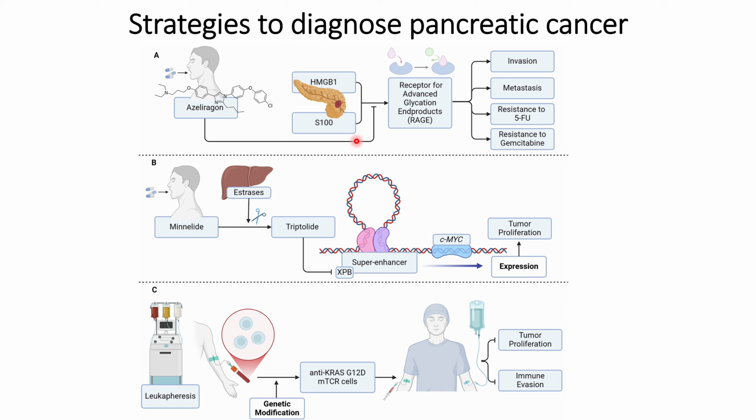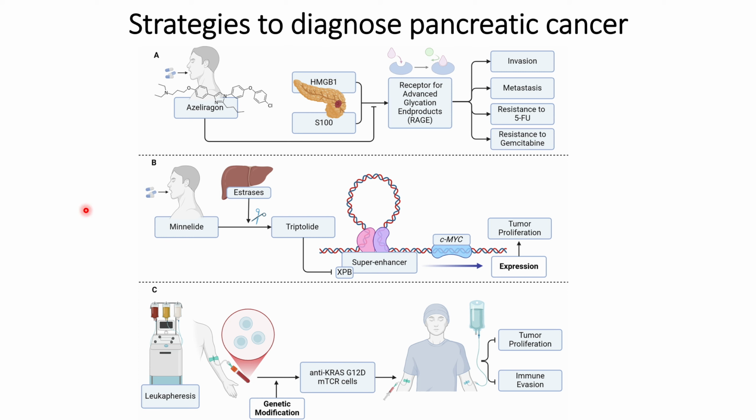So if azeliragon binds instead of HMGB1 and S100, we can suppress invasion and metastasis, and the chemoresistance towards drugs such as 5-FU and gemcitabine will also be reduced. In other words, it will increase the efficiency of treatment with drugs like 5-FU and gemcitabine.